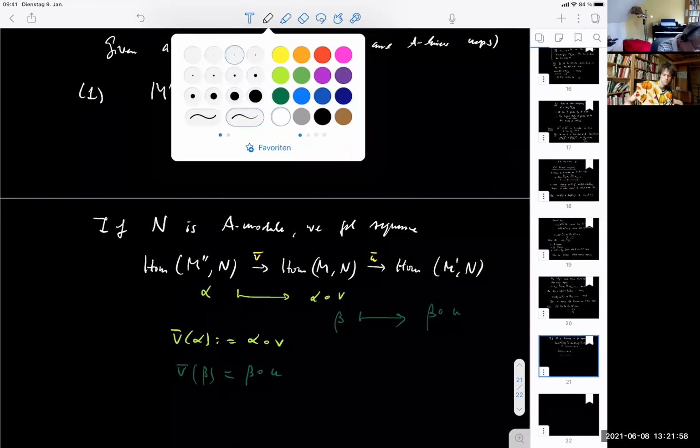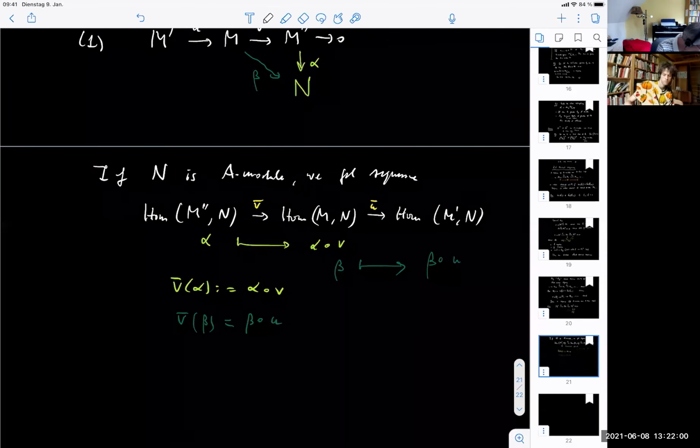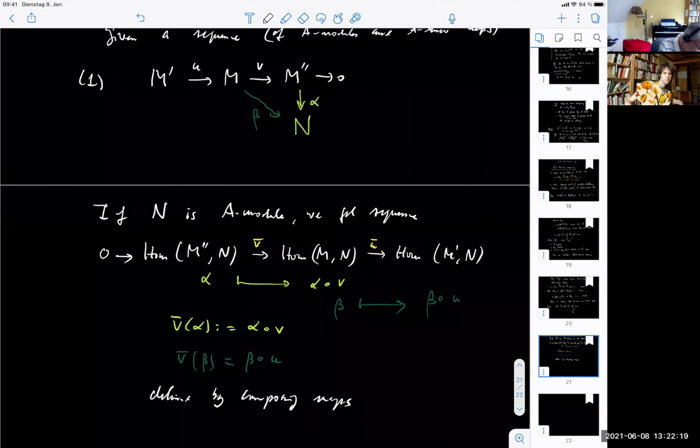So you get the sequence defined by composing maps. And actually here I want to put the 0 and I call this sequence 1 prime index n. Because from 1 I get this new sequence after selecting the module n.